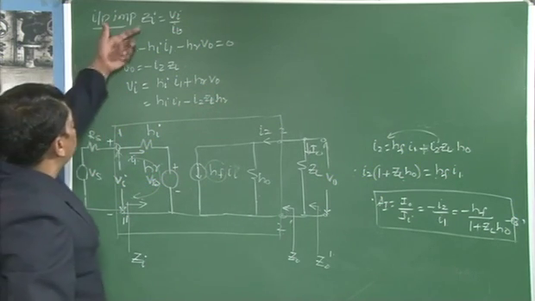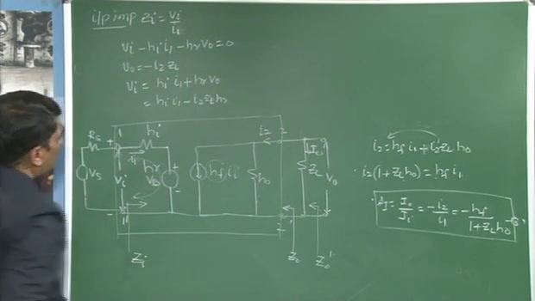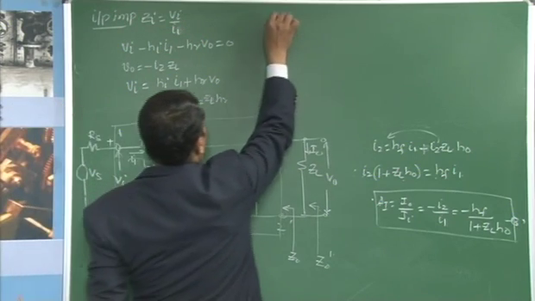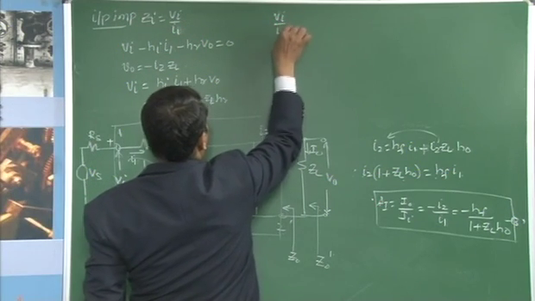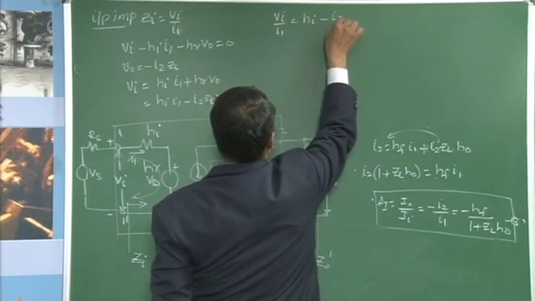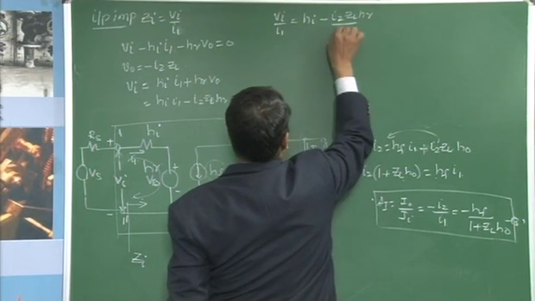where this Zi is nothing but Vi by I1. Hence, you have to divide both sides by I1. You get Vi by I1 is equal to hi minus I2 ZL hr by I1.